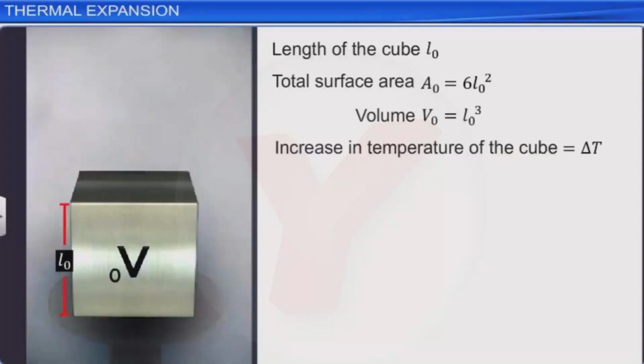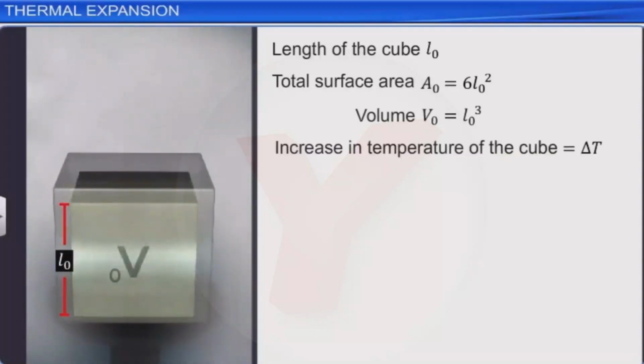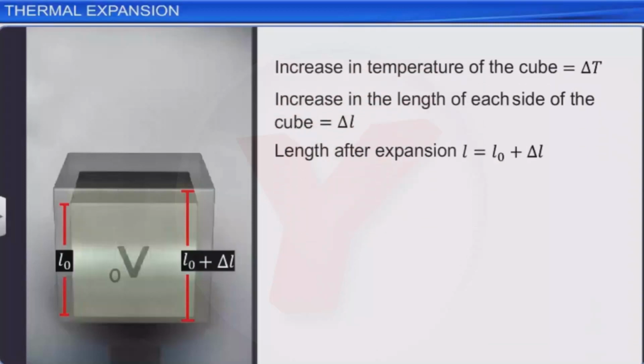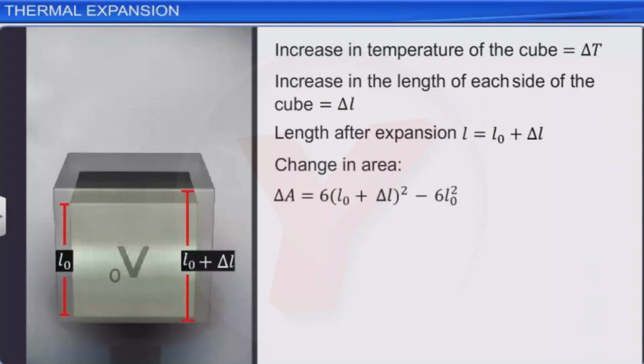When the temperature of the cube is increased by delta T, let the length of each side be increased by delta L. Therefore, the length of the side after expansion, L equals L0 plus delta L. Change in area delta A equals 6 into (L0 plus delta L) whole square minus 6 L0 square. This is equal to 6 into (delta L square plus 2 L0 delta L).